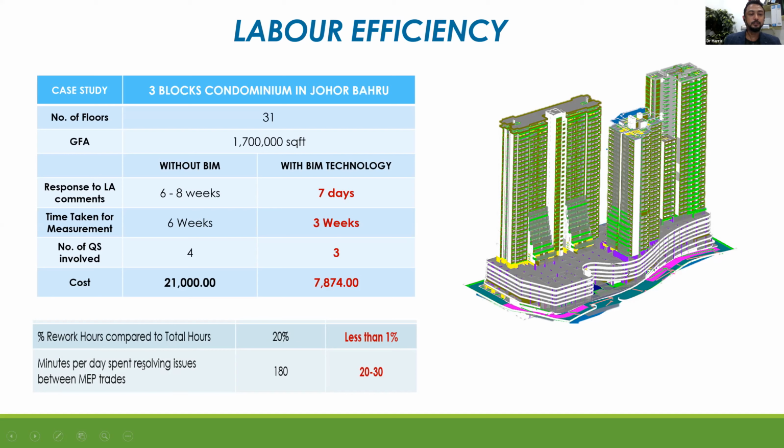Minutes per day spent resolving issues on MEP. Without BIM, our site people have to spend about 3 hours per day to check on the coordination of MEP. With BIM, only 20 to 30 minutes. So that is a labor efficiency that we get by using BIM.